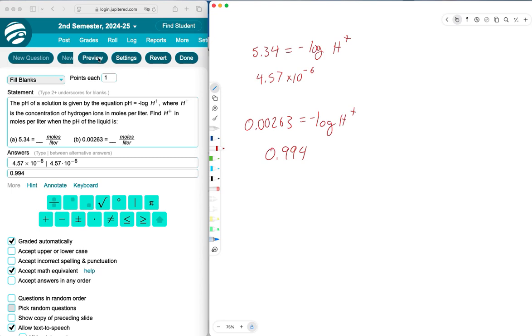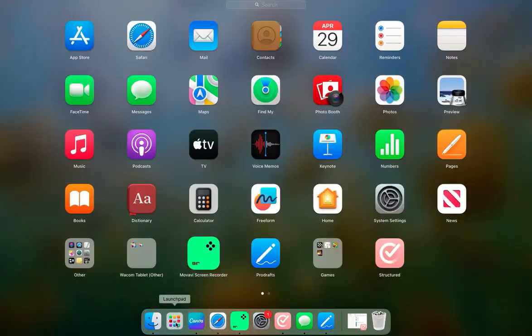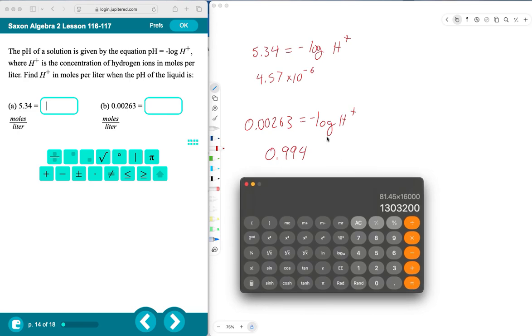All right, so let's go back to that. Let's see how we got there. I'm going to use my other calculator because it's better. Those are the answers.